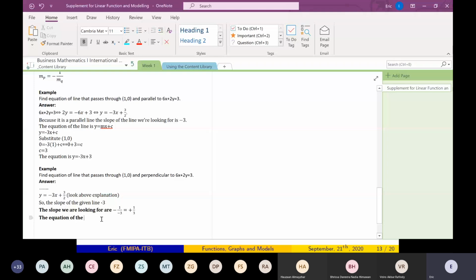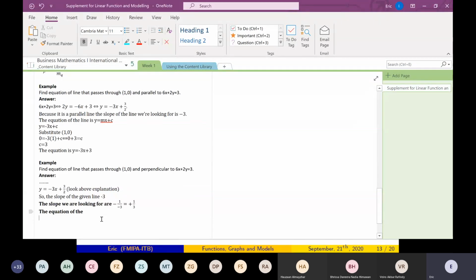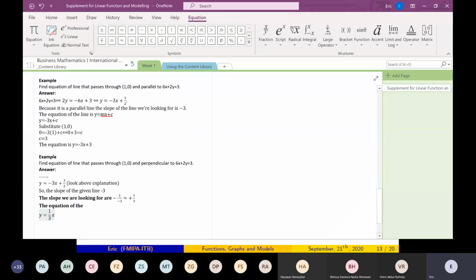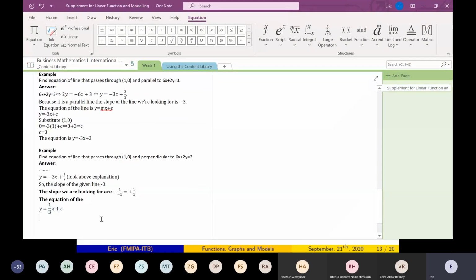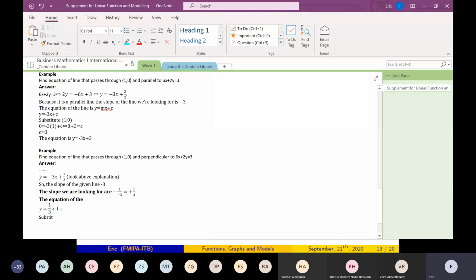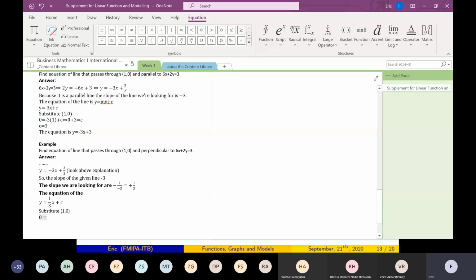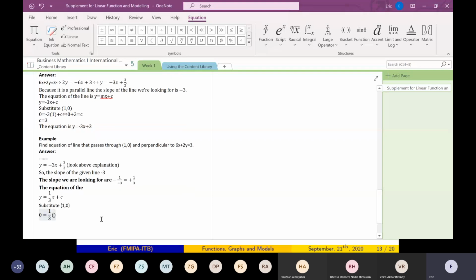Okay, so the equation of the line is y equals 1/3 x plus a constant. How do you get the constant? Substitute 1, 0. So you have 0 equals 1/3 times 1 plus the constant.